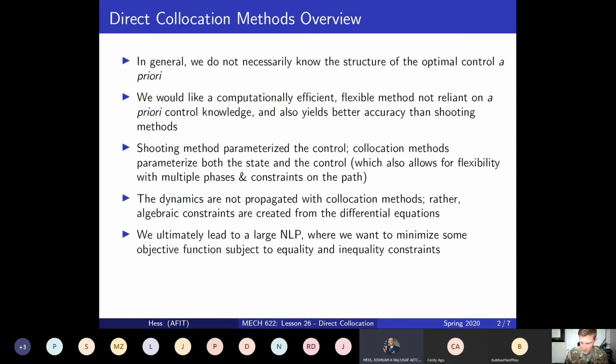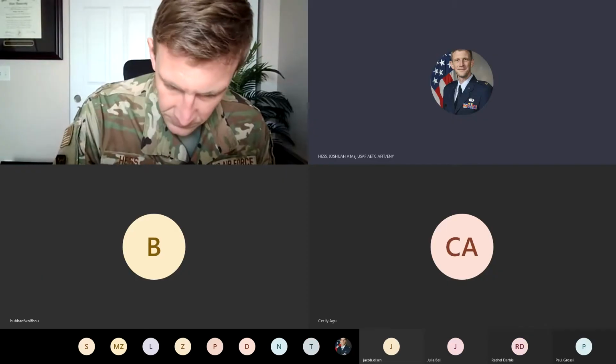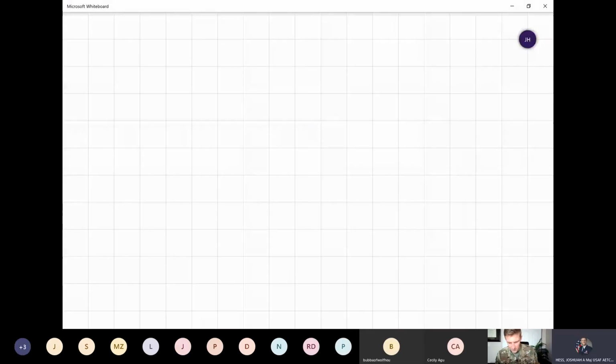So something that we haven't talked about before is when we have path constraints. Okay, and I'm going to do a general kind of discussion here, right?